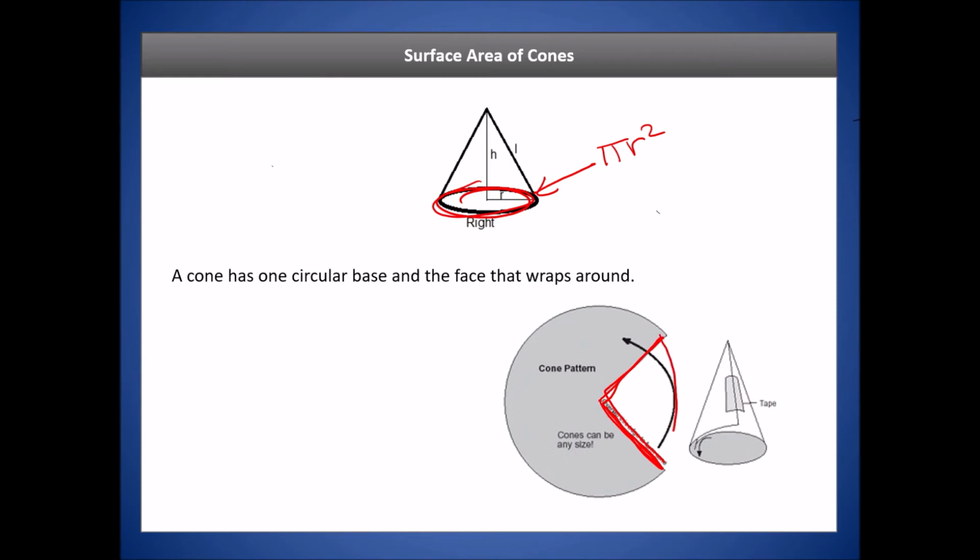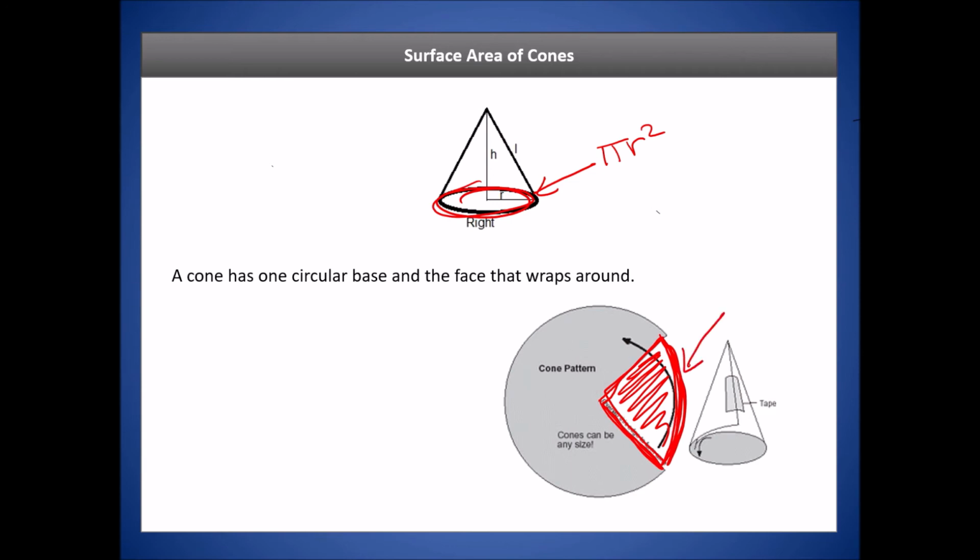And this sector right here, which is given in red, is the entire area that wraps around the cone. So this sector given in red is actually that entire surface area. And so that's how you would construct this cone, is you would cut out a sector of a circle and you would wrap it around to make the cone.